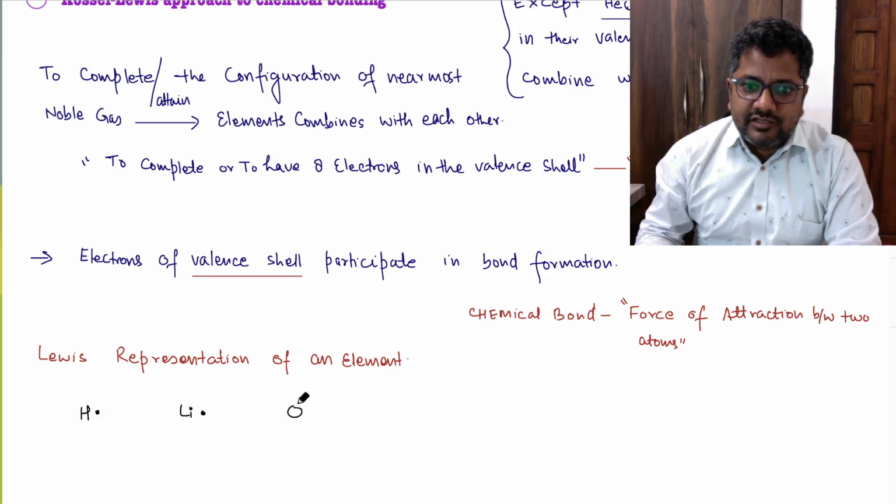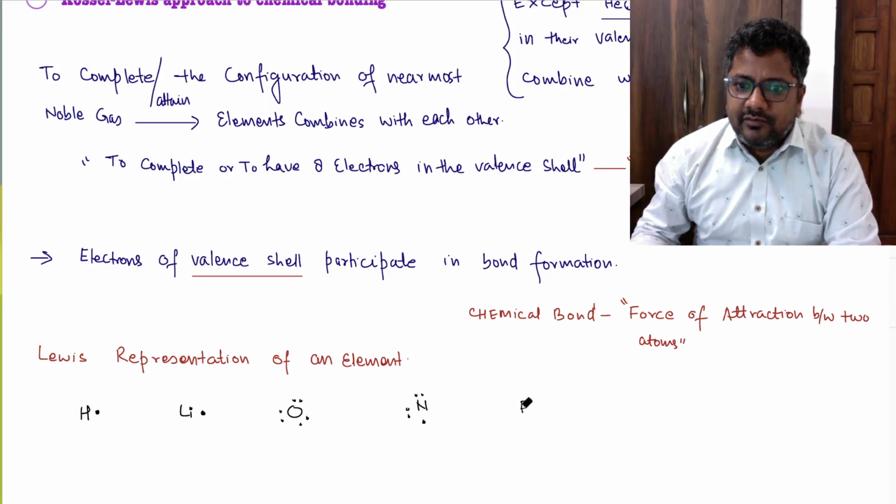Suppose you have oxygen, so 2, 2, 4 and 2, 6. Similarly, if you have nitrogen, 2, 2, 4 and 1, 5. Similarly, for fluorine, 2, 2, 4, 2, 6 and 7.